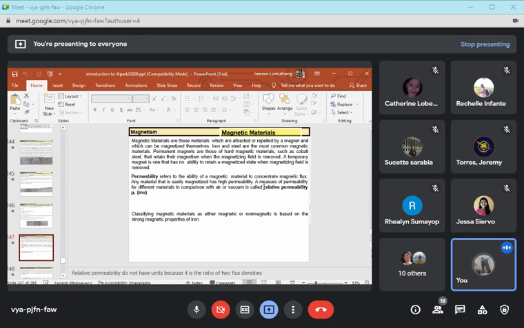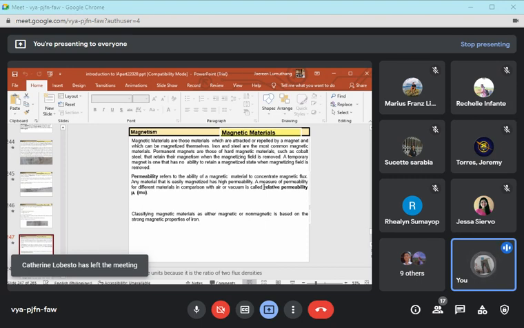This is the opposite of the reluctance. So any material that is easily magnetized has high permeability.